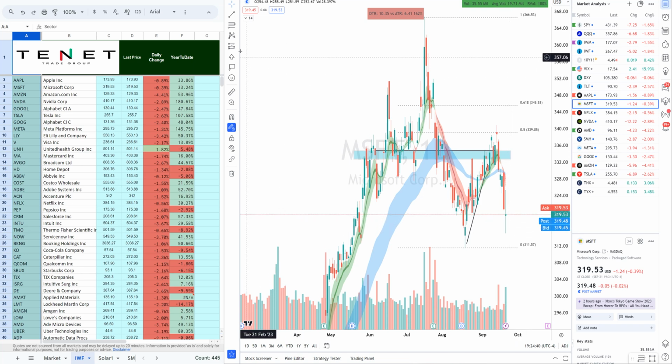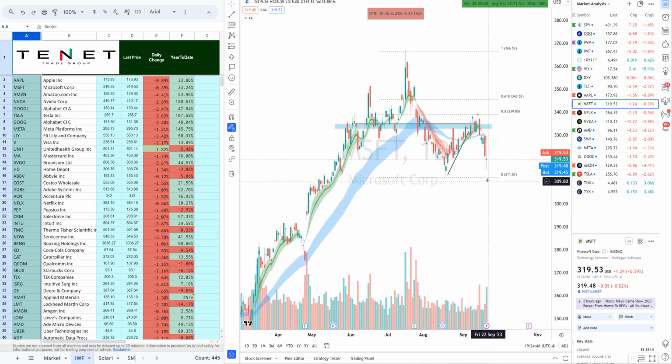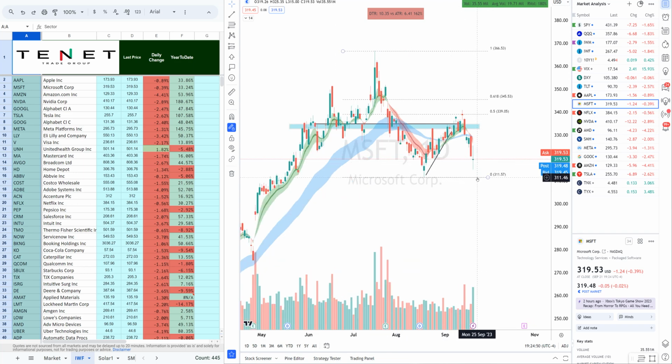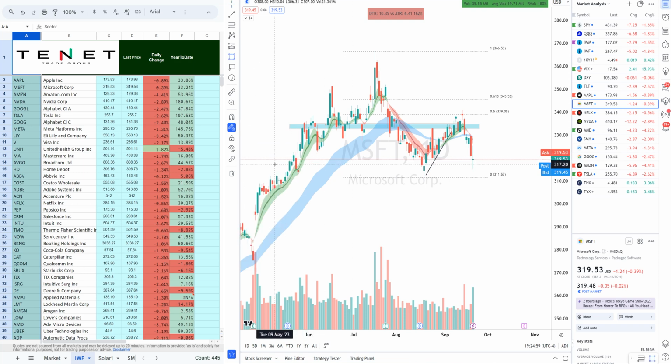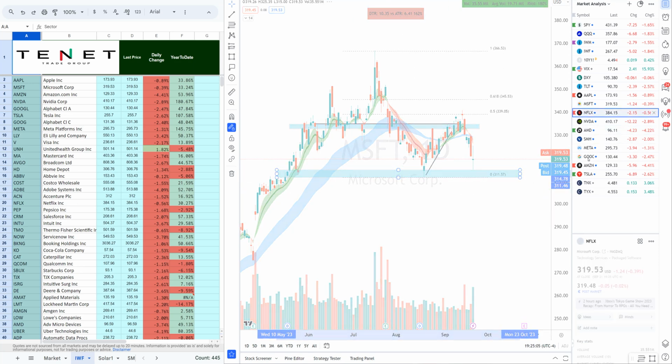There's a big resistance here at 319.50. So pretty clear levels for tomorrow on Microsoft. 311 is the support, so maybe another pull tomorrow here, and we base around that level. But right now it's bearish to neutral for tomorrow. Not ready yet for a swing or investment trade right now.